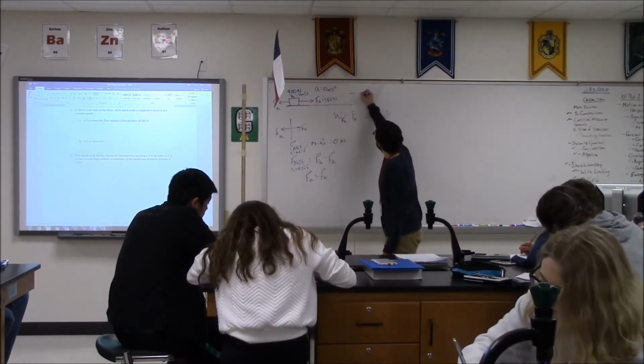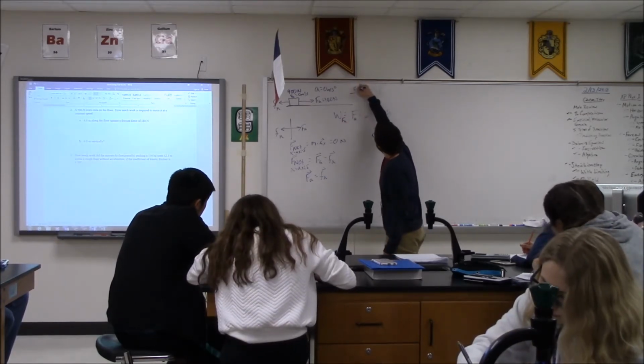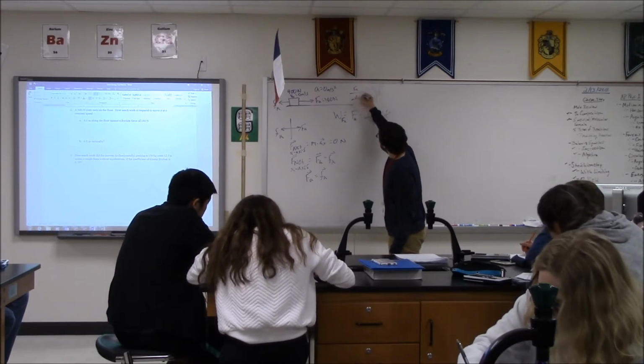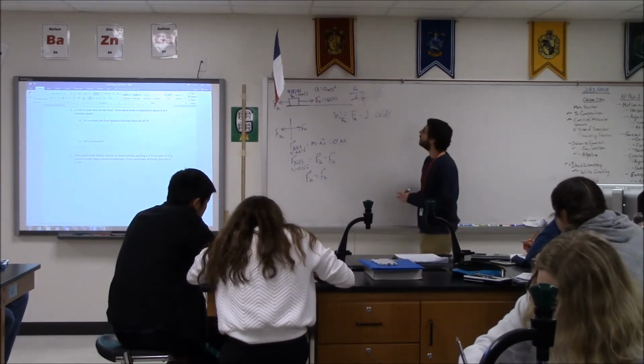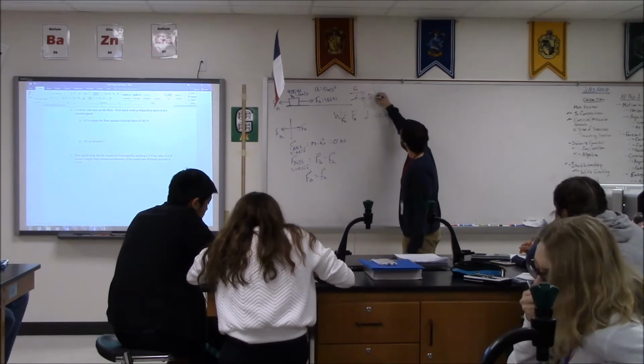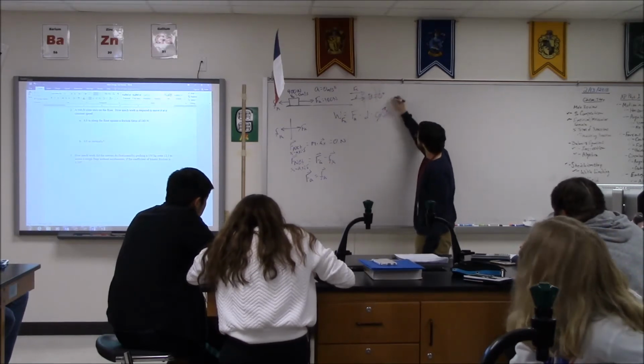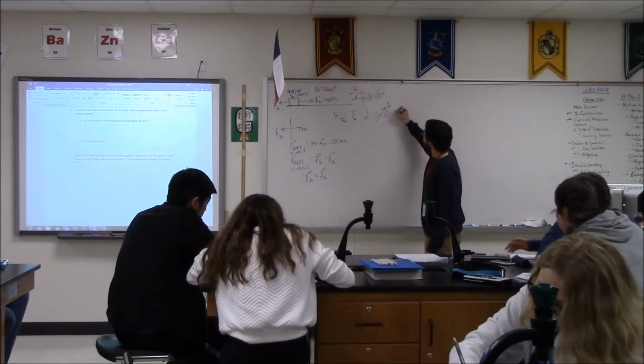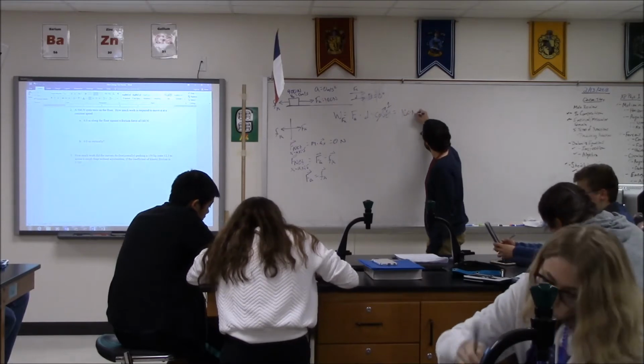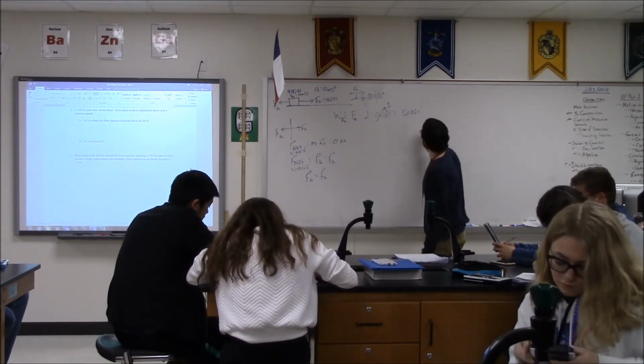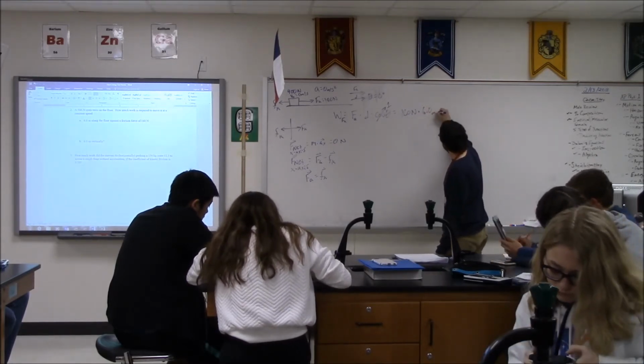So we have a force vector in this direction, and we have a displacement vector in that direction. What's the angle between them? 0. So what's this going to become? 1. So we've got 180 newtons times, it's going to move 6 meters.